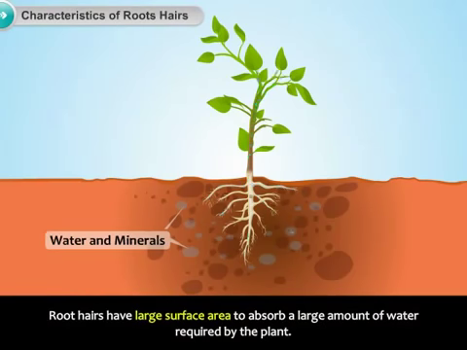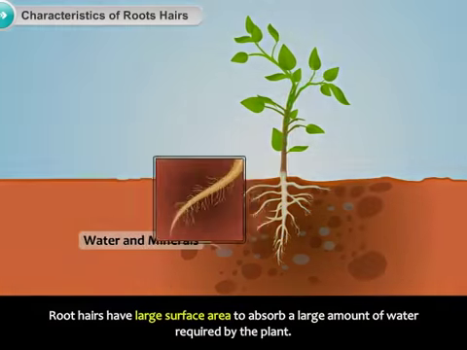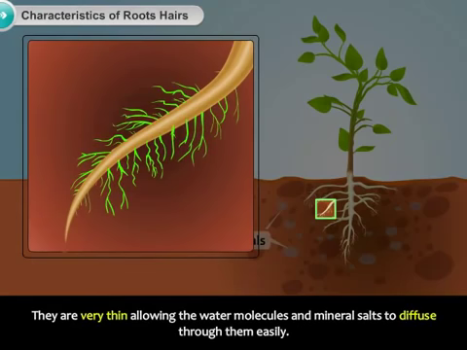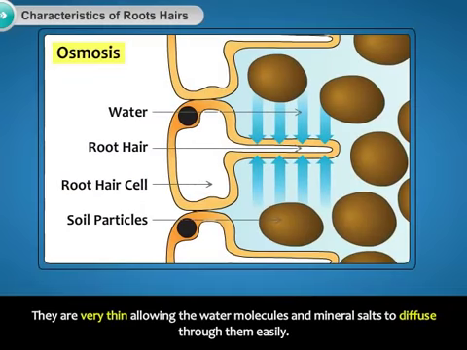Root hairs have a large surface area to absorb a large amount of water required by the plant. Root hairs are unicellular and are produced in thick clusters. They are very thin, allowing the water molecules and mineral salts to diffuse through them easily.